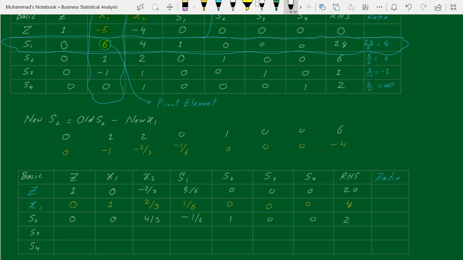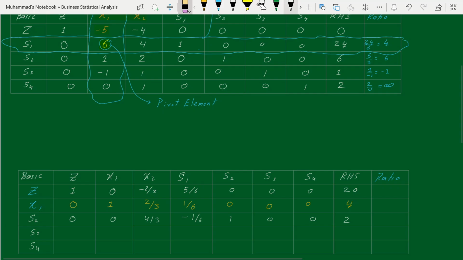Okay, so now we will repeat the same process for S3. So I will delete it first. So now we will find the new S3 row.